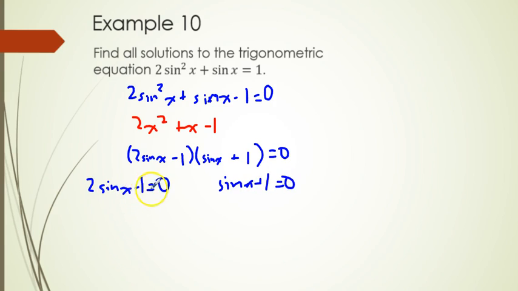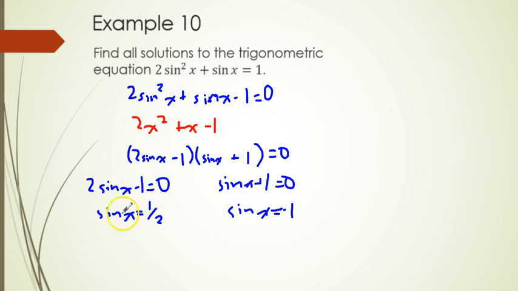So for the equation on the left-hand side, I would add the 1 and then divide by 2. So I'm going to be looking for where the sine of x values are equal to positive 1/2. For this equation, I'm just going to subtract 1 from both sides. So I'll be looking for where the sine of x values equal negative 1.